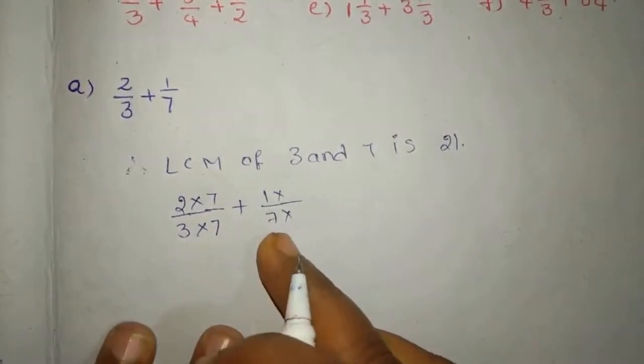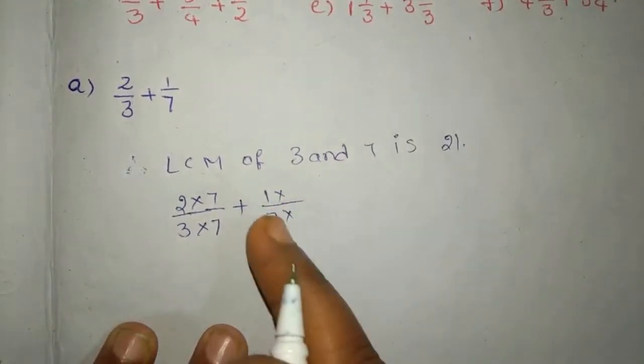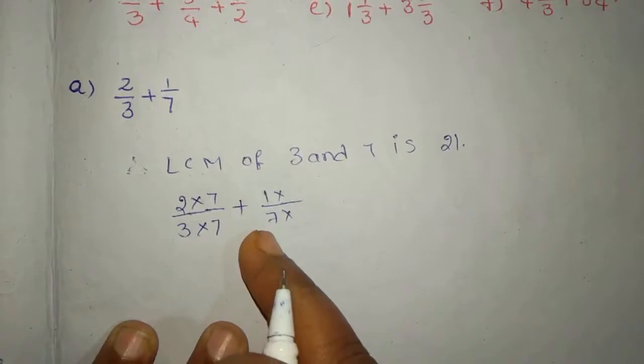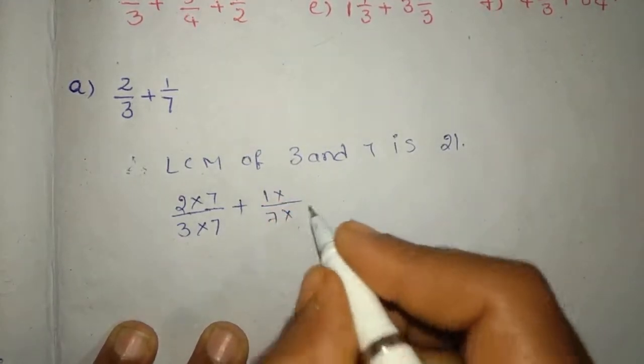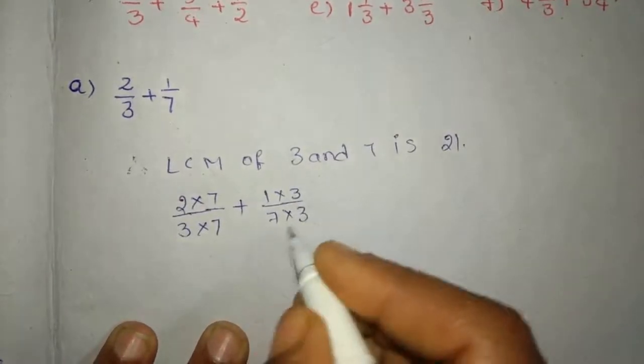Here 7 how many times makes 21? That is 3 times. So we multiply both numerator and denominator by 3: 1 into 3 by 7 into 3.